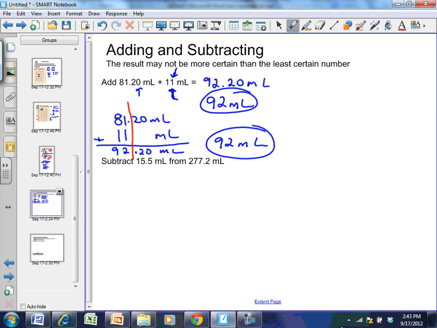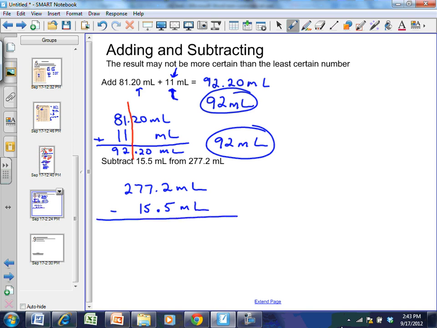Let's just do it that way because I think students really get that better. We'll do the second one that way from the get-go. We're going to take 15.5 milliliters away from 277.2. In this case, each measurement is to the tenths place, so we'll have to provide our answer to the tenths place. 277.2 mils minus, and you learn in elementary school to line up the decimal, 15.5 mils.